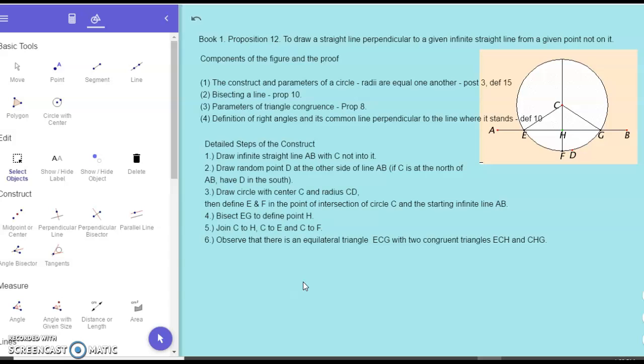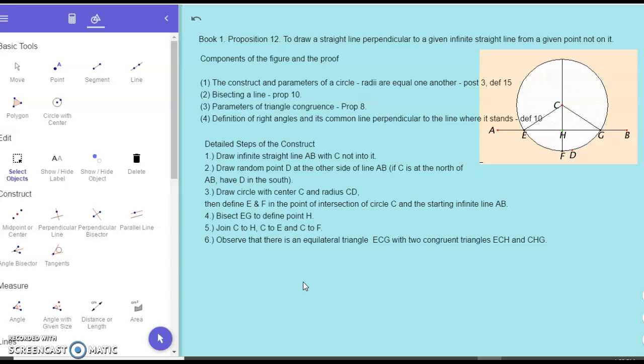We also have the parameters of triangle congruence at proposition 8. And we also have the definition of right angles and its common line perpendicular to the line where it stands. That's at definition 10. We have the terms right angles and perpendicular at that definition.